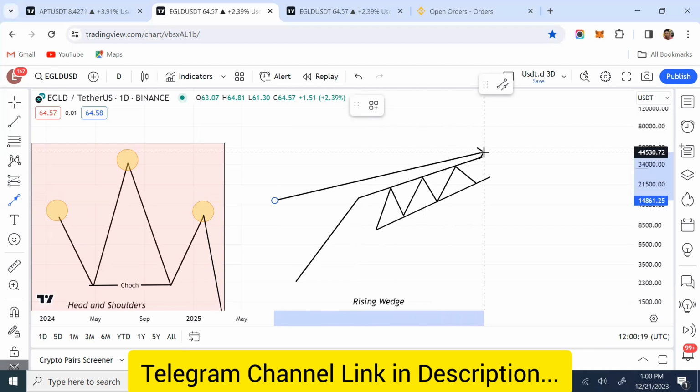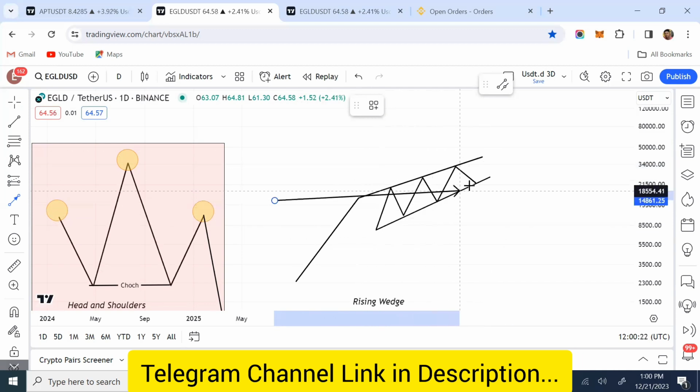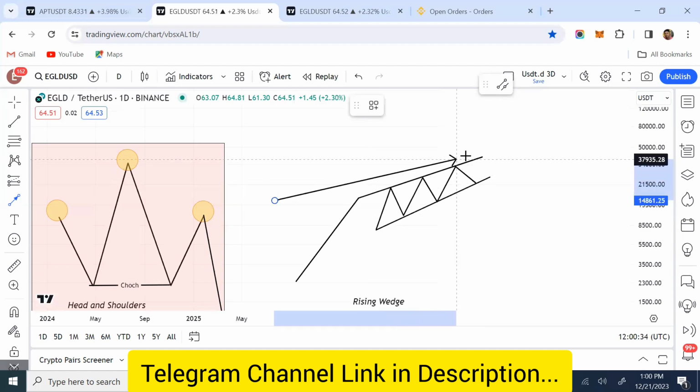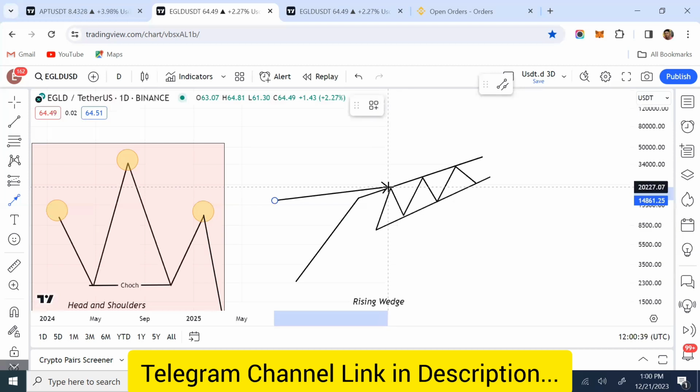It begins to form a channel. But what this is showing us is that as buyers begin to step in from the support levels, we are seeing a commensurate increase in supply. So as buyers are willing to buy, supply is also rapidly increasing.